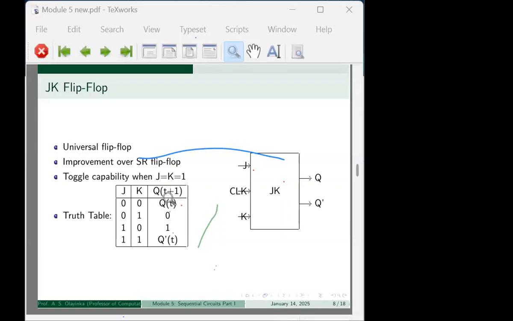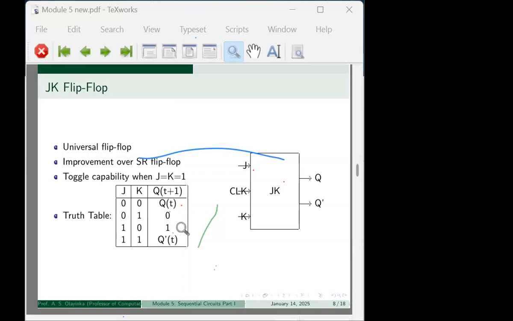Let's look at the truth table, for instance. You have the Q as the output. Q output at time T plus 1 means the next state after time T. Now, if you have 0 and 1, the output here is similar to what you have in SR. And here also you will have a 1.